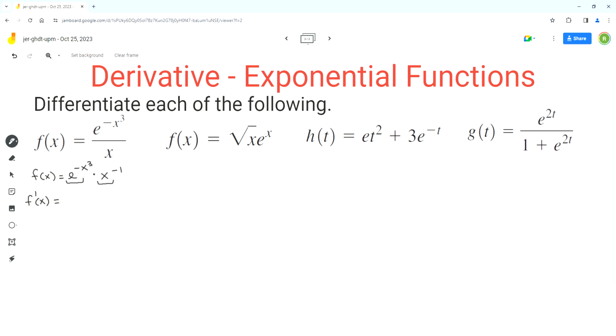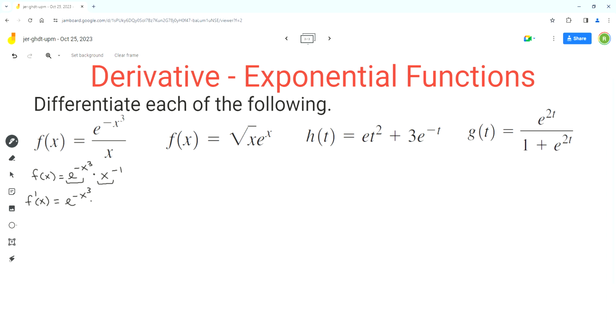So as per the product rule, we'll find the derivative of the first term. So for this exponential term with base e, the derivative will be the exponential term e as it is times the derivative of its exponent. The exponent is negative x cubed.